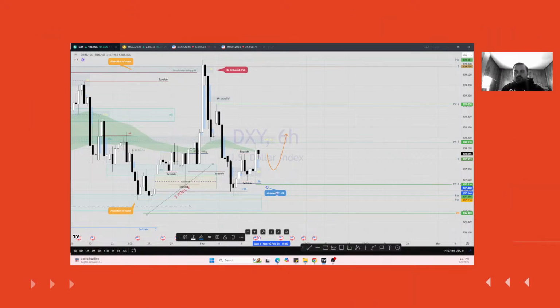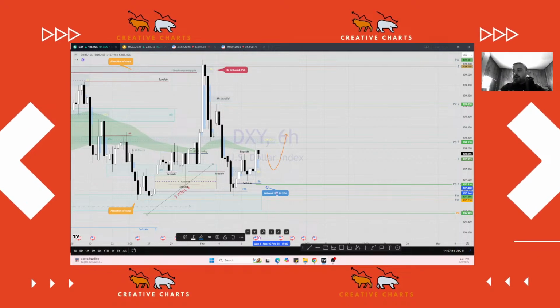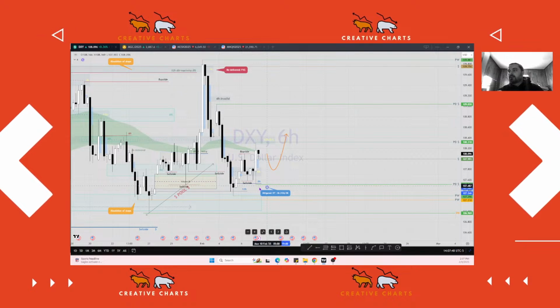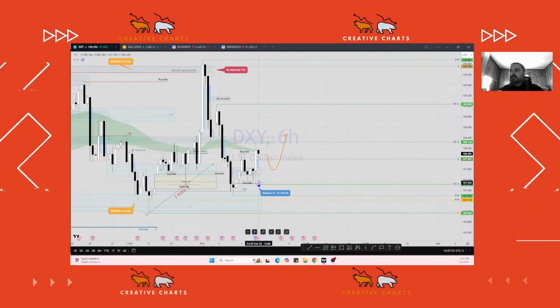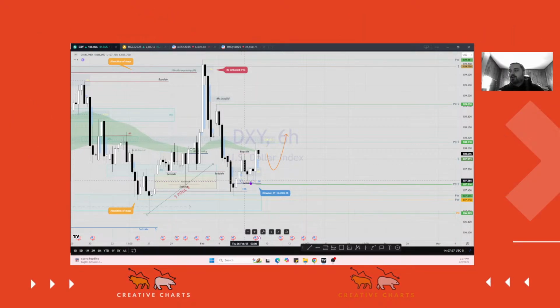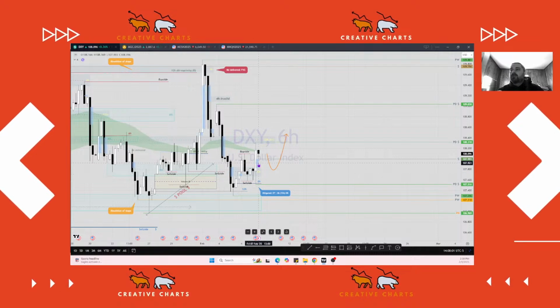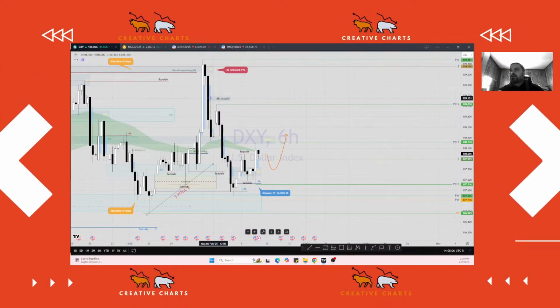On a block. Let's do 6 hour. 6 hour. 12 hour. OB. Right? That 6 hour double tap of the 12 hour. Mitigated. Absorbed. Pushed price higher. Impulsive candle. Fair value gap left.